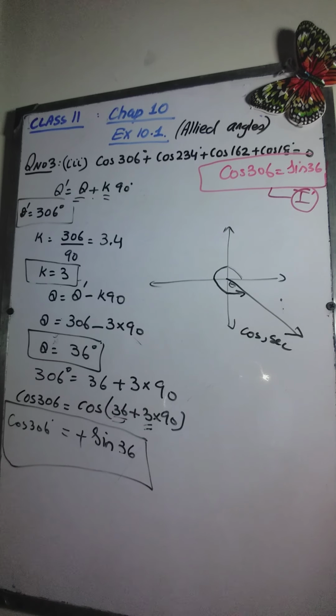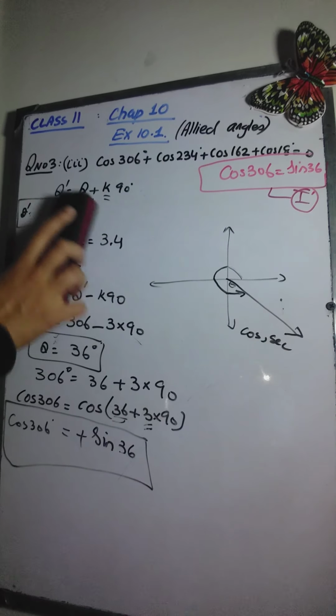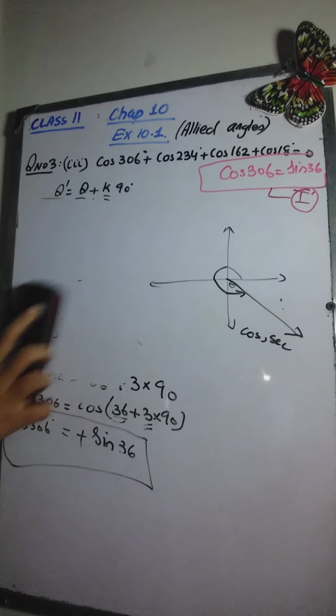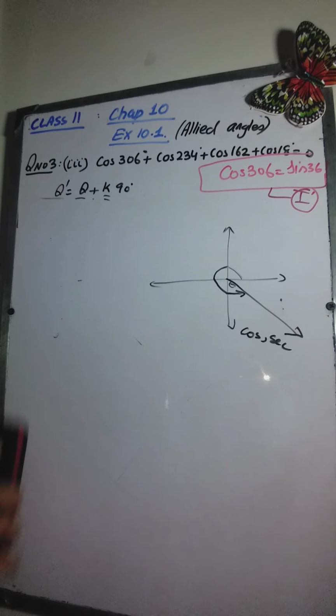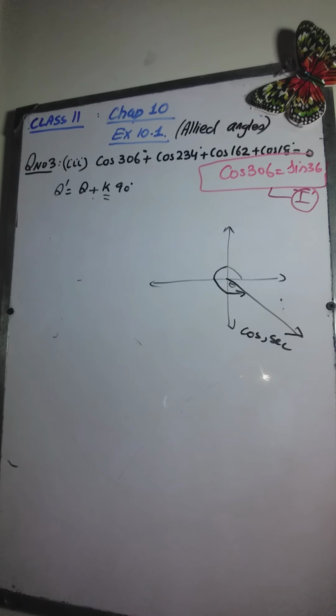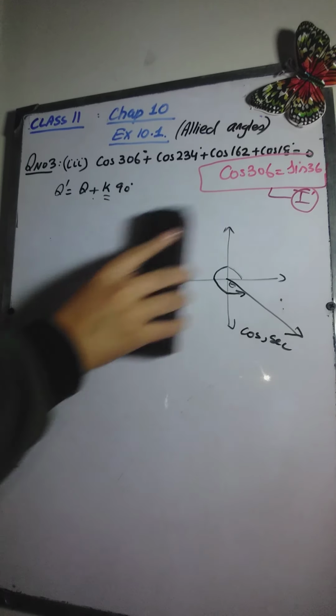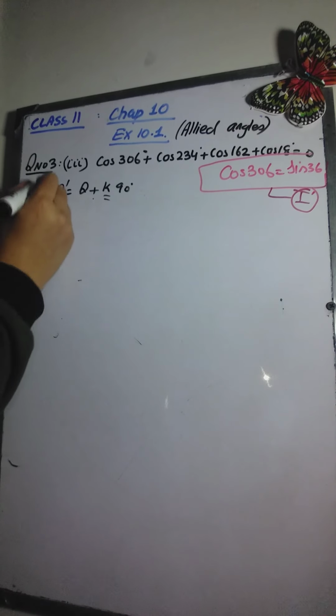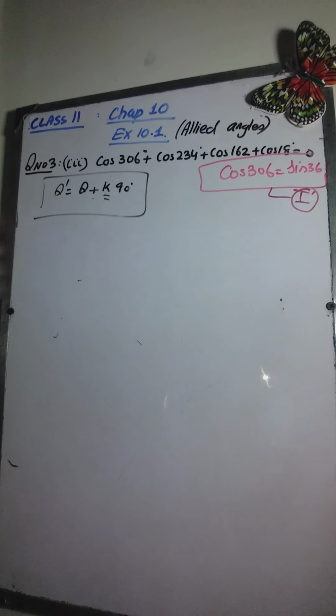Now taking the next angle, which is 234, again we are going to repeat the same procedure. We are going to find k, and we are going to find theta. To find the value of k, we have to express 234 as a sum of theta plus k times 90.